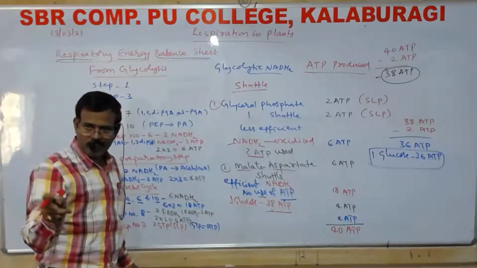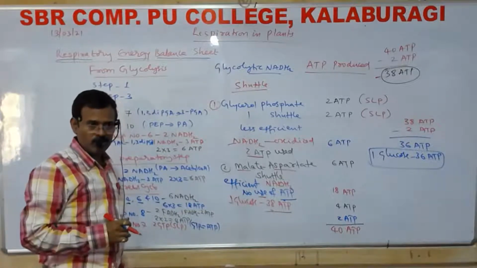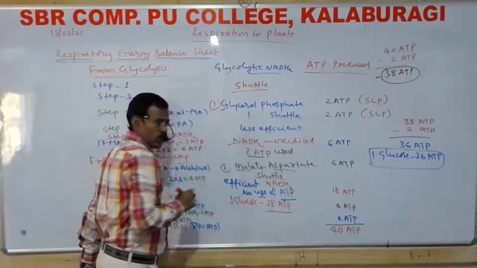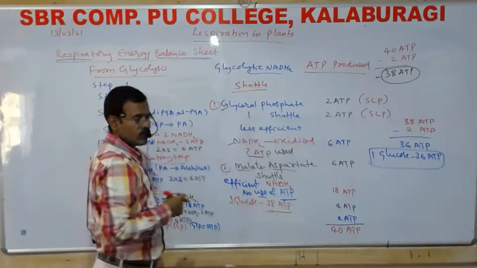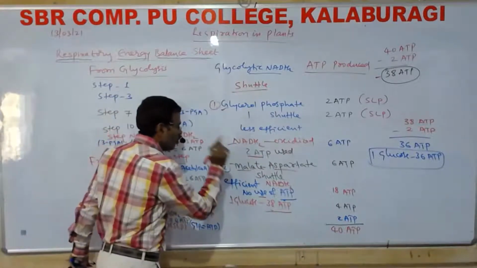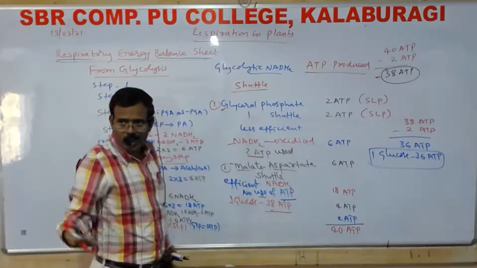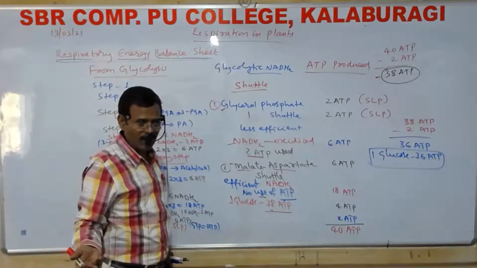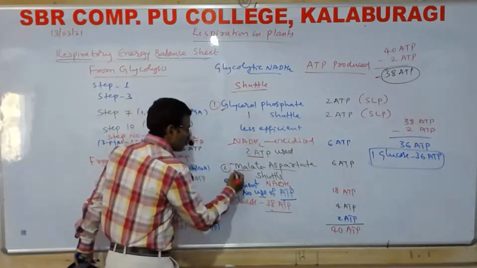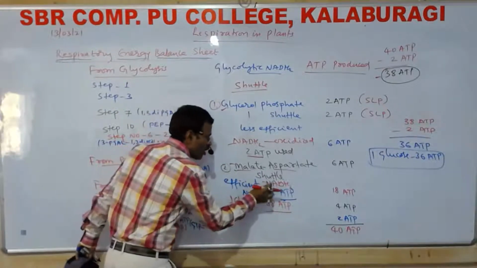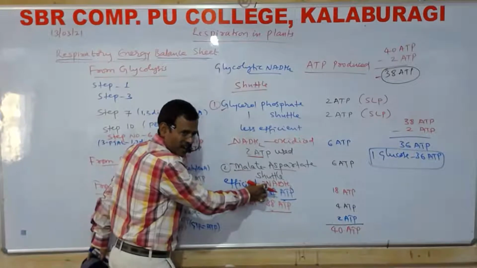NADH2 produced in cytoplasm during glycolysis, either it can undergo the glycerol phosphate shuttle in some cells, or it can undergo the malate aspartate shuttle in some cells. In higher eukaryotes it is like that. If this shuttle occurs, no use of ATP during the oxidation of cytosolic NADH2.